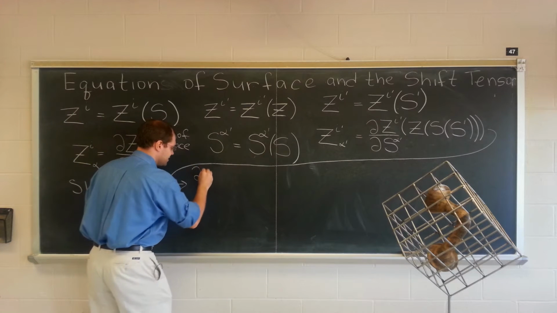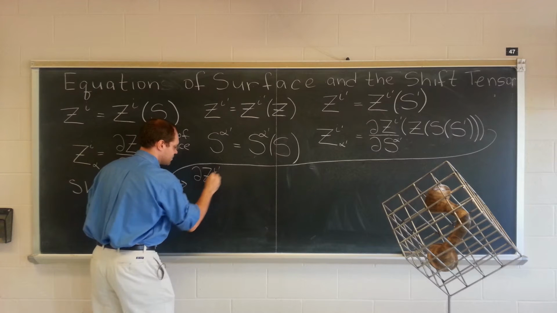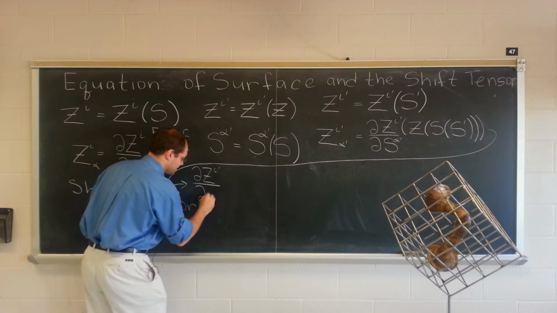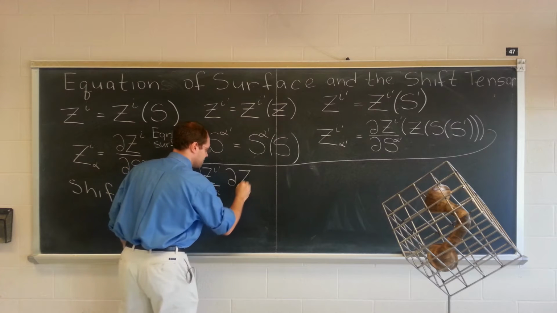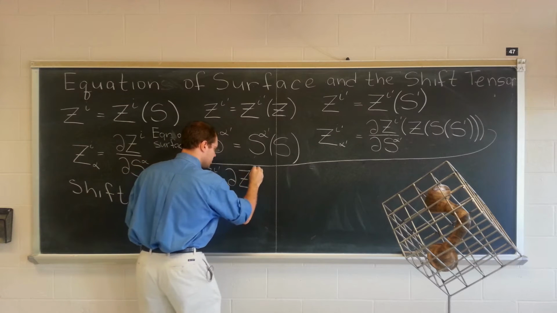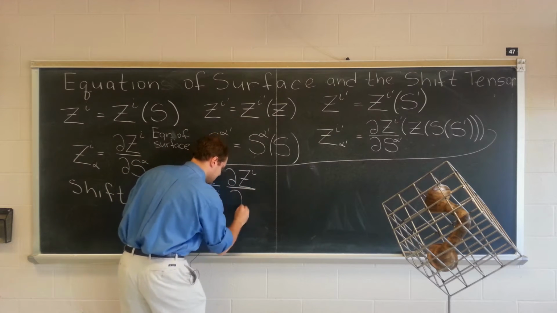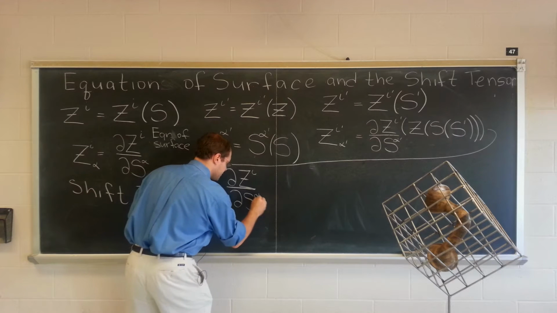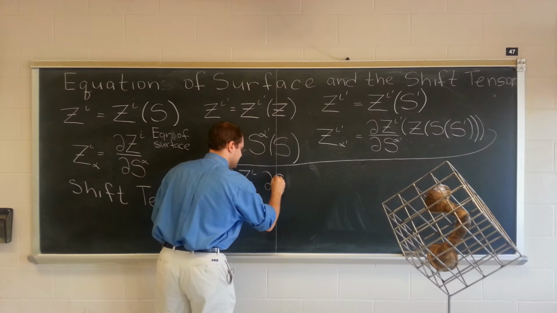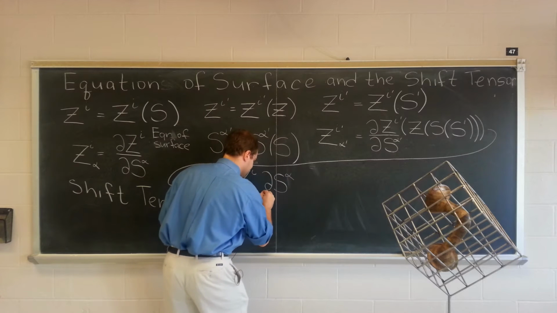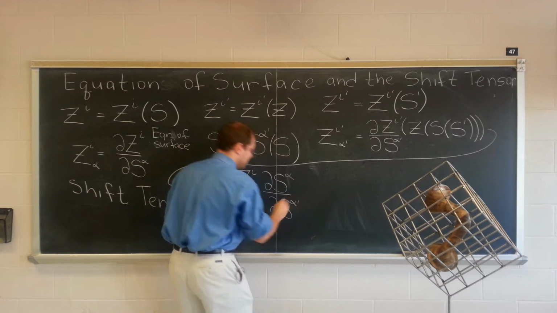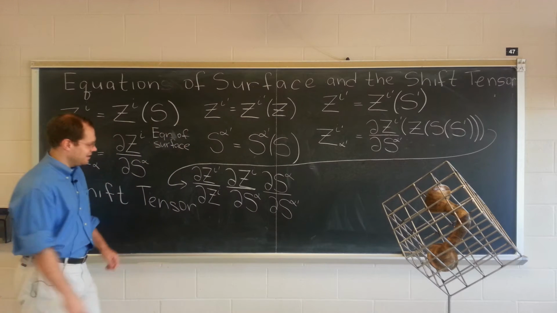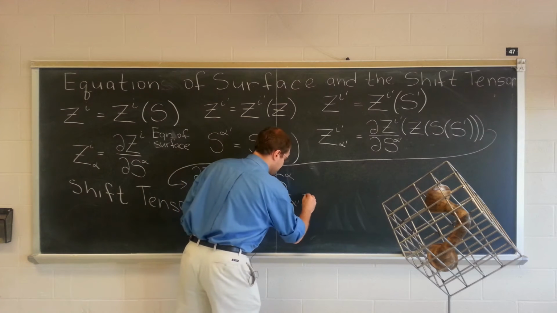So dZi prime, dZi. Here's how the chain rule rolls. dZi, dS alpha, and finally dS alpha, dS alpha prime. And look what we have here.